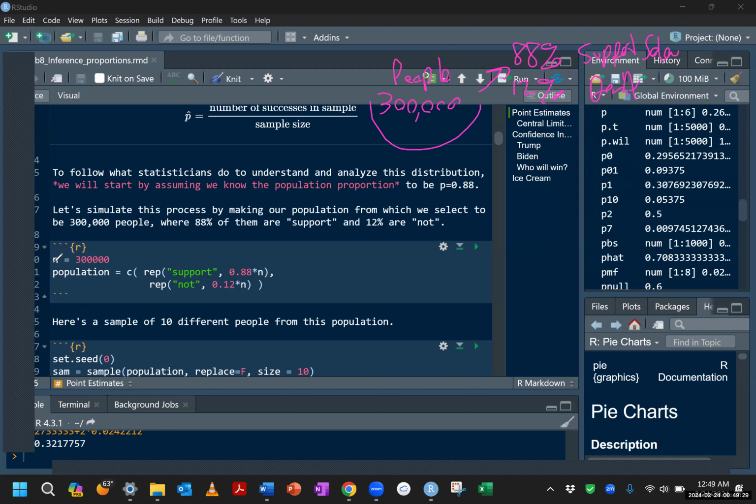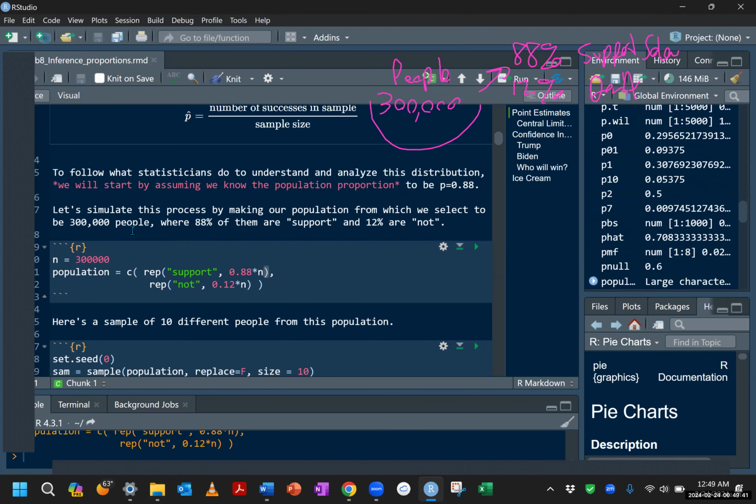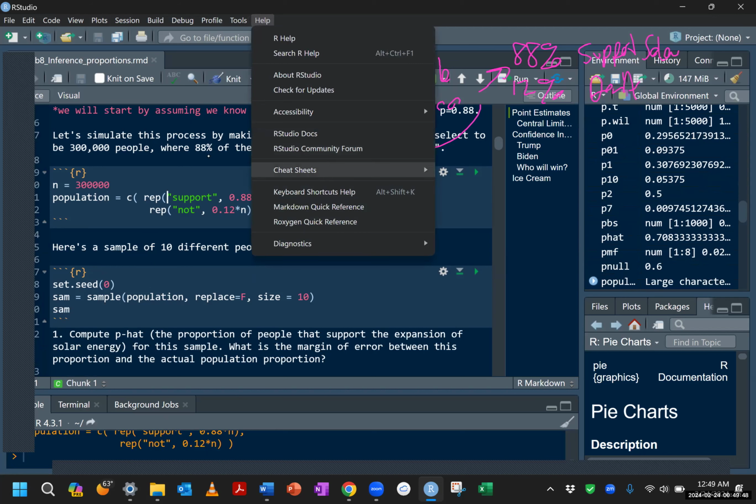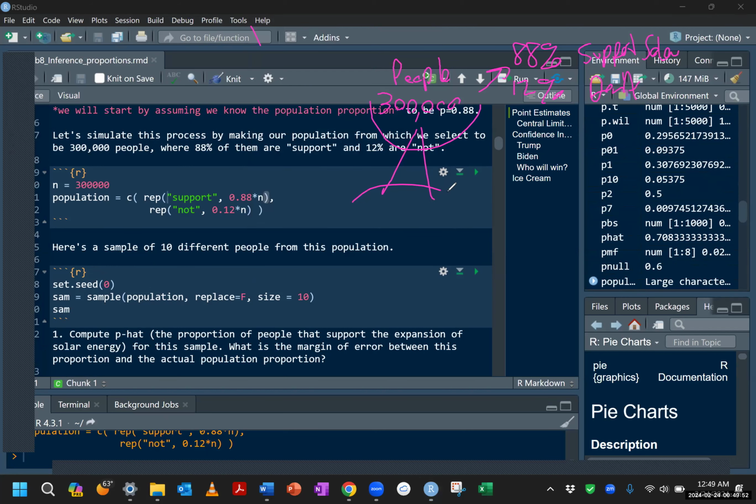So here's some code where I make my population 88% of them times n. So that would give me the number that support, 12% don't. And so this is essentially 300,000 people. And I'm going to randomly sample from that population. So now we got my sample. And this time I'm going to sample 10.